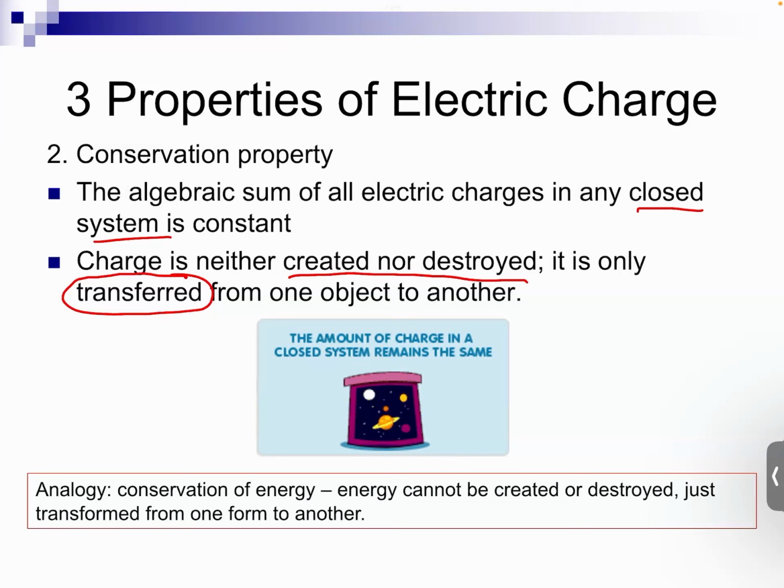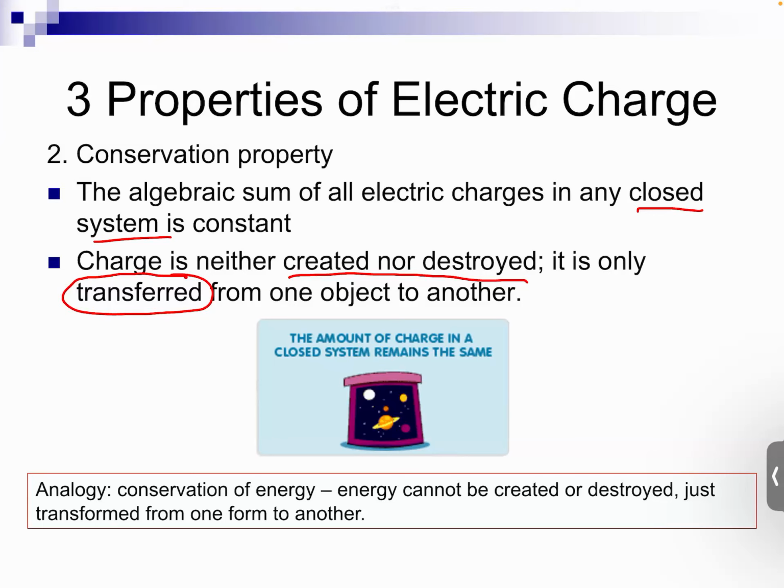Right, so if we relate that to the dichotomy property, charges are either positive charge or negative charge, and these charges are in atoms, and the atoms make up a material.